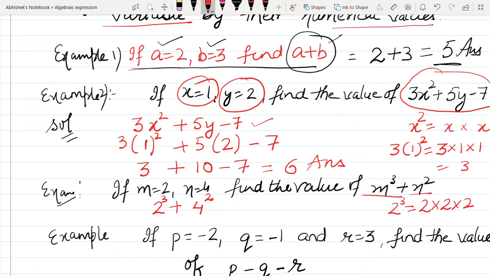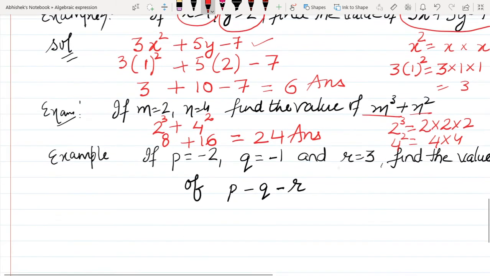So we will multiply 2 three times. 4 raised to power 2 means 4 multiplied by 4. So here we come with 8 and here we have 16. So 8 plus 16 is 24. So the value of m cube plus n square is 24.